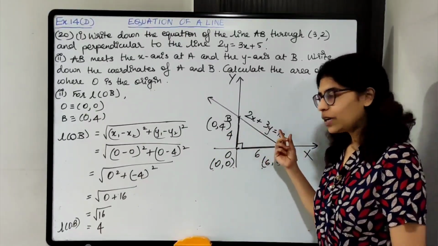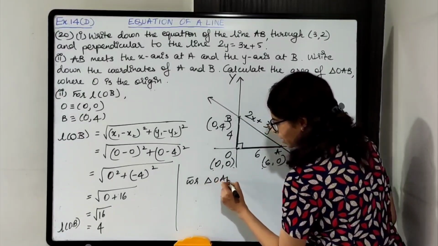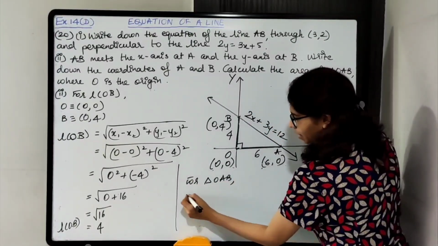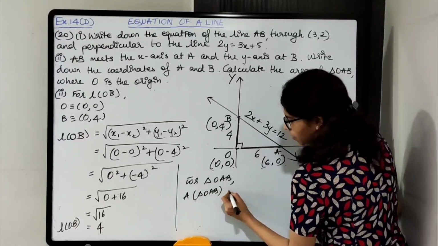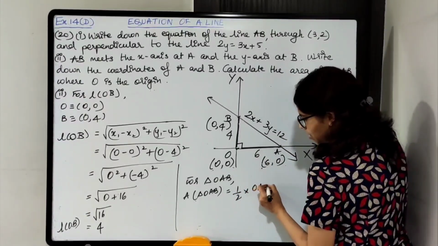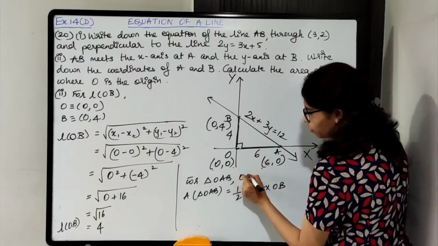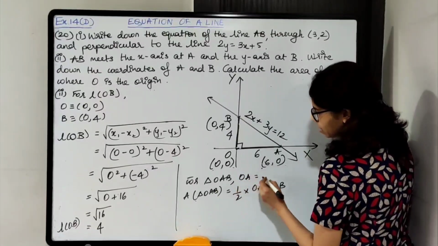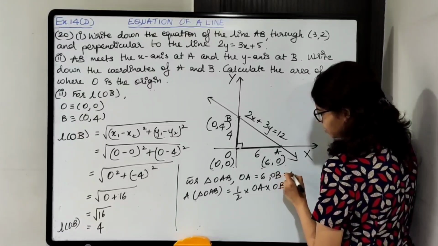So now area for triangle OAB, area of the triangle will be half into base into height. Okay, so write down over here OA is 6 and OB is 4.